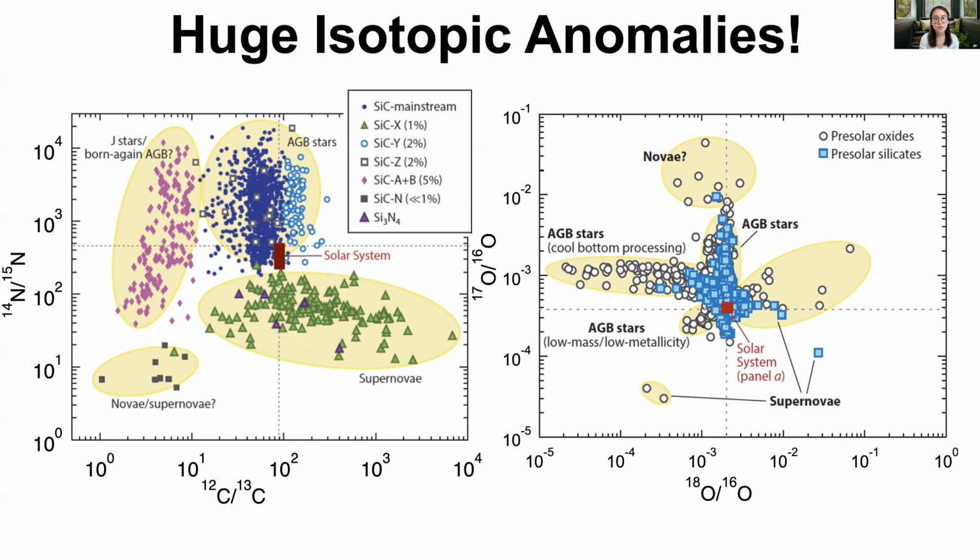They show variations in these isotopic ratios by orders of magnitude, and these large variations cannot be explained by any solar system processes. And we see here that we have both carbon-rich and oxygen-rich pre-solar grains formed in different types of stars in different chemical environments.